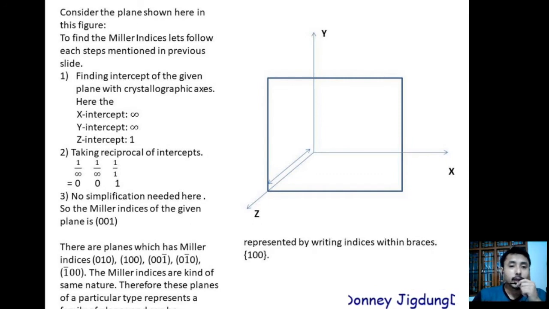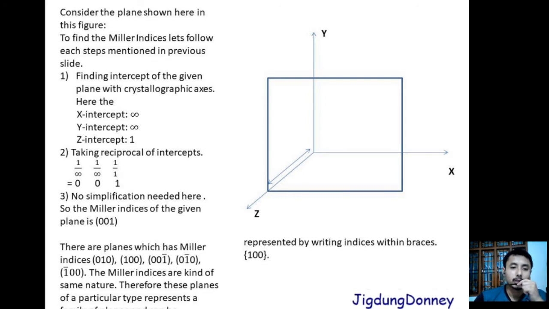In this next slide, I have given one example of how to determine the Miller index of a particular plane. We can see that this plane intercepts only on the z-axis. This plane is parallel to the xy plane, so the x-intercept and the y-intercept are infinity, and the z-intercept is 1.